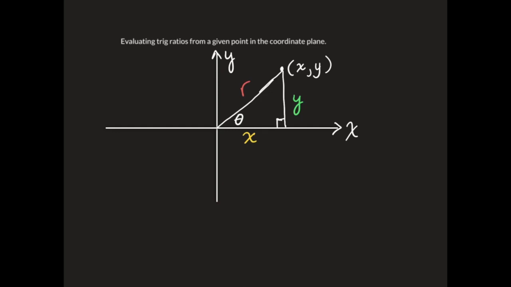So now I have a right triangle with a hypotenuse of r, and legs of x and y. Since r is the hypotenuse, we label that hypotenuse. Y is opposite of the central angle, so y is the opposite, which makes x the adjacent.